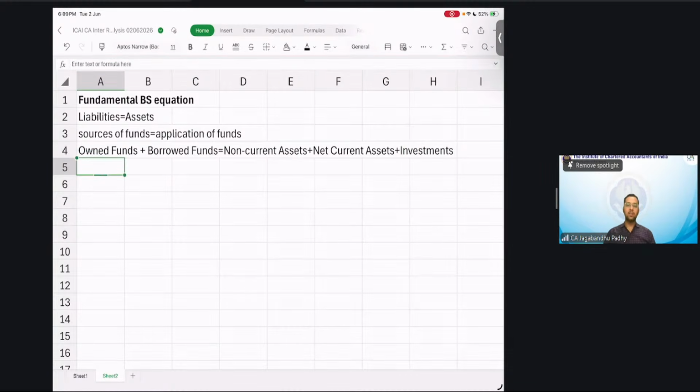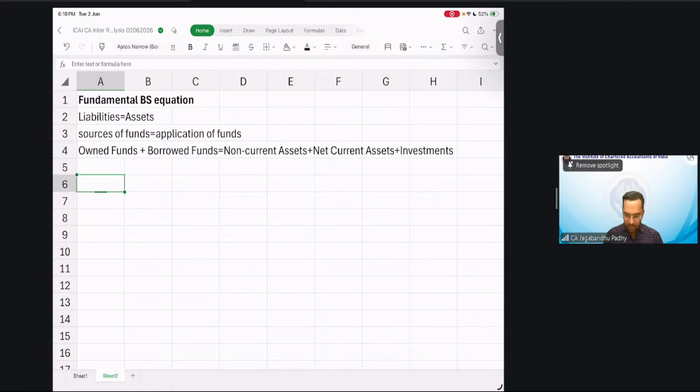So owned funds plus borrowed funds will be equal to non-current assets plus net current assets plus investments, right? So this is like the initial two areas, which is your owned funds and borrowed funds. Owned and borrowed, both of them together are funding these applications of funds, right?